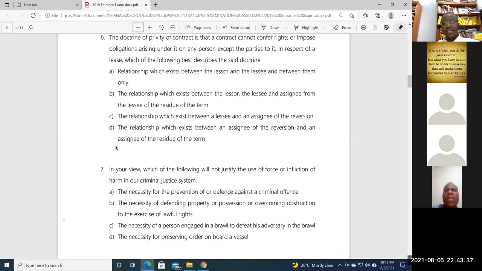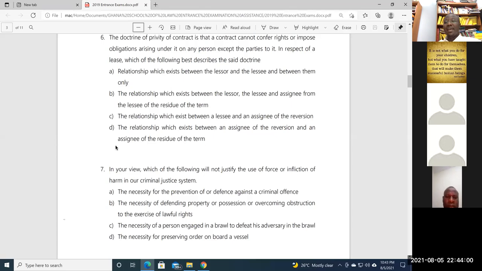Is that not the case? Unless there has been a valid assignment, the obligations that the lessee has under the lease cannot apply to any third party. Neither can the rights which the lessee has under the lease be enjoyed by any third party.